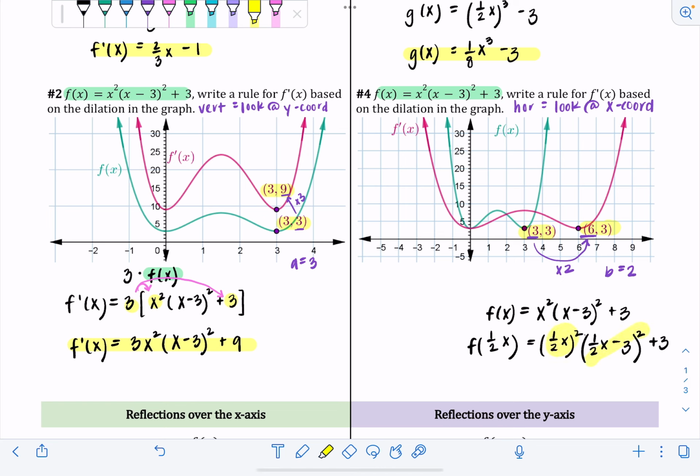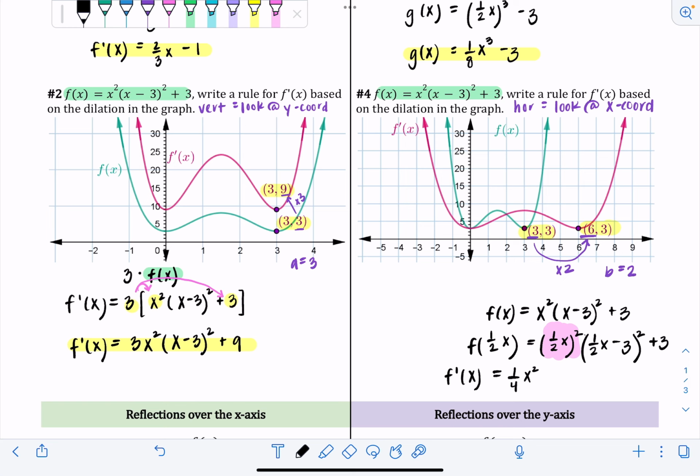We're not going to FOIL this. We're just going to leave that as is. So for the 1/2 x squared, or 1/2 x in parentheses squared, I need to just square both. So my final function is supposed to be called f prime of x. And then if I square this entire quantity, if I square the 1/2, I would just square the numerator and denominator, so it'd become 1/4, like 1 squared and 2 squared, and then x squared.